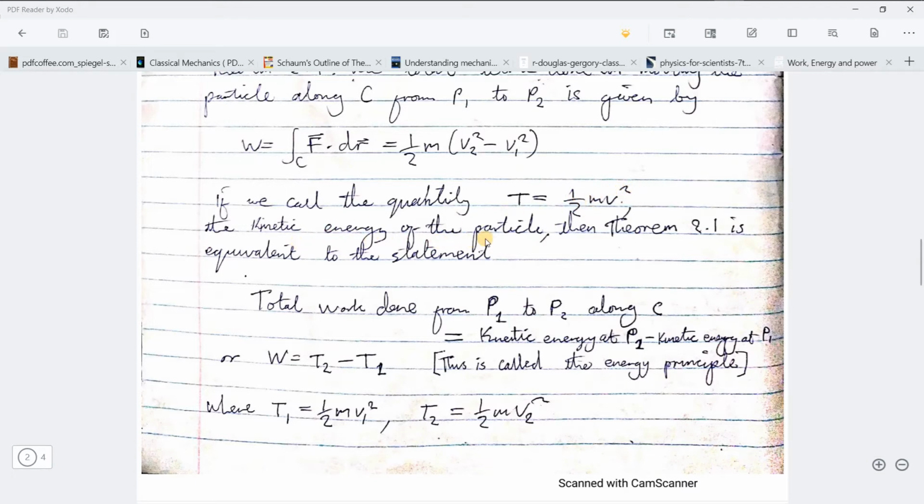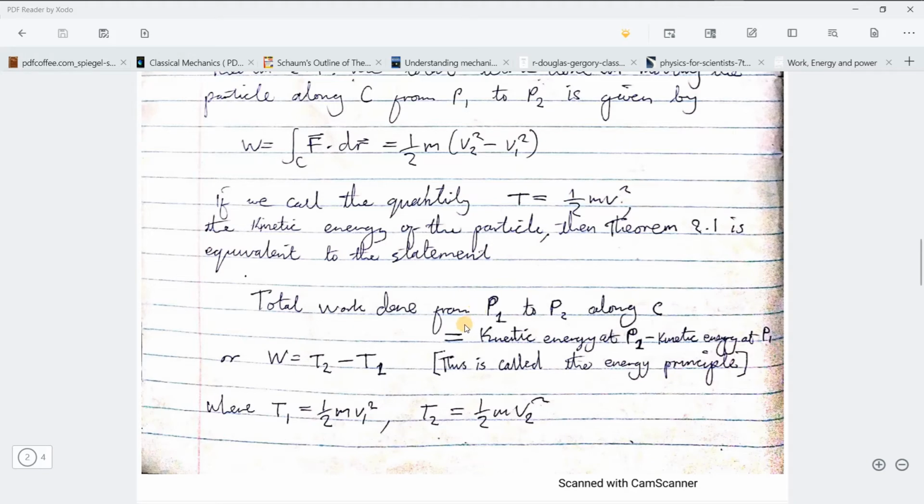The kinetic energy of the particle, then we're saying that theorem 2.1 is equivalent to the statement: total work done from P1 to P2 along C is equal to the kinetic energy at P2 minus the kinetic energy at P1. So that's what we're saying.